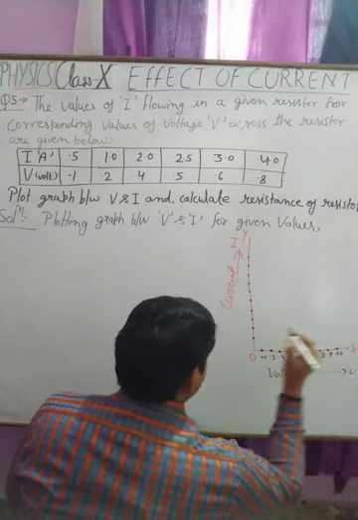Now we are plotting these points. When the voltage is 1 volt, the current is 0.5 ampere. When the voltage is 2, the current is 1 ampere. When the voltage is 4 volt, the current is 2 ampere.